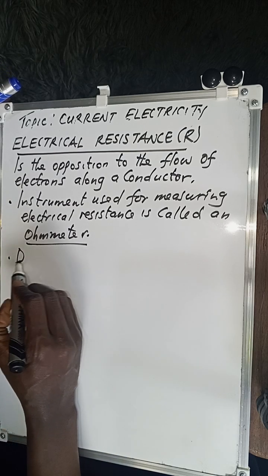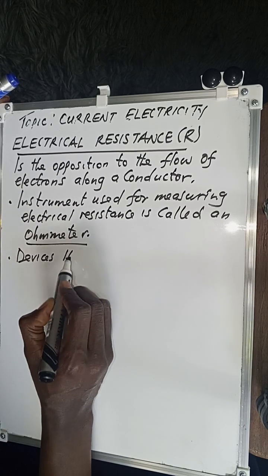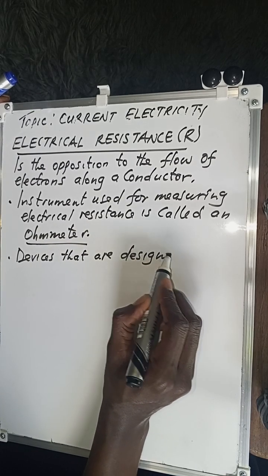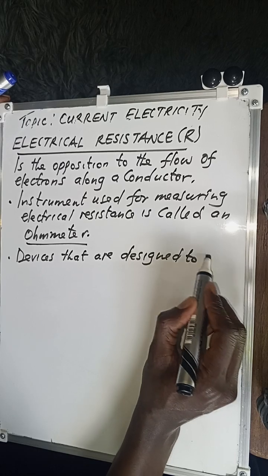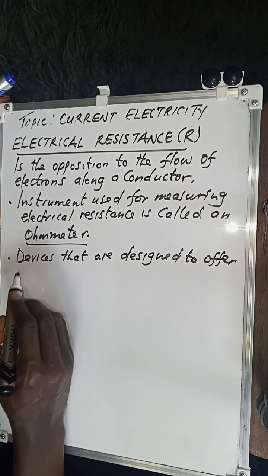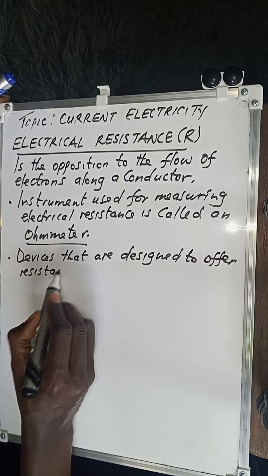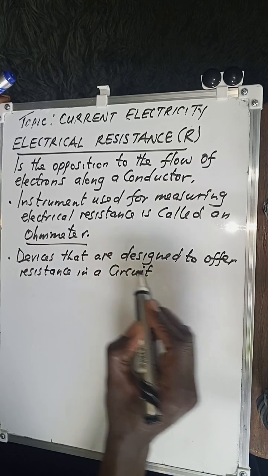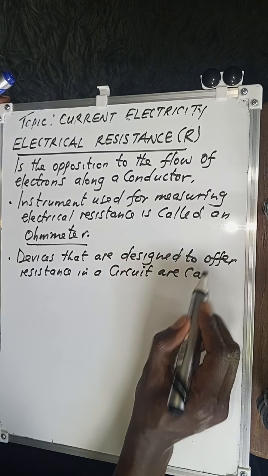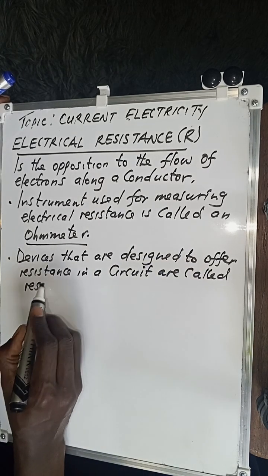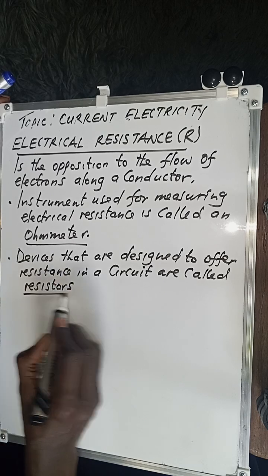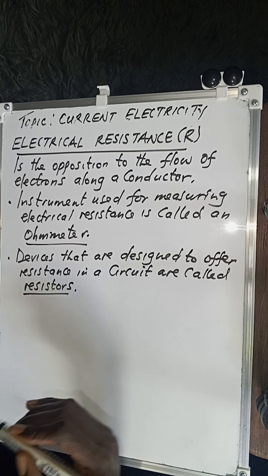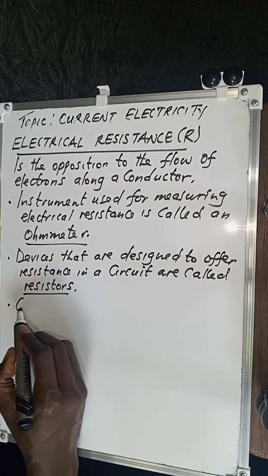So devices that are designed to offer resistance in a circuit are called resistors. So these are devices that we put in a circuit that actually offer what we are calling electrical resistance. What's the circuit symbol?